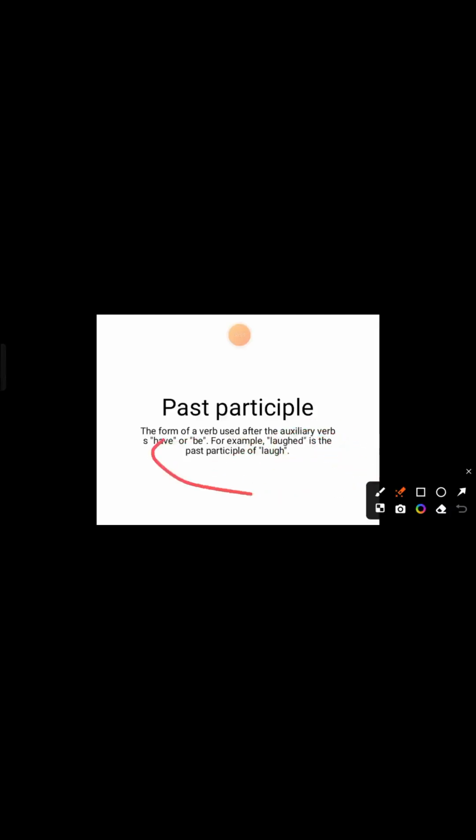It does not mean that in the past participle we also have the ing ending. There is no ing ending in the past participle. It can be have or be. If the verb is regular, then past and past participle both have the ed ending. For example, laughed is the past participle of laugh.